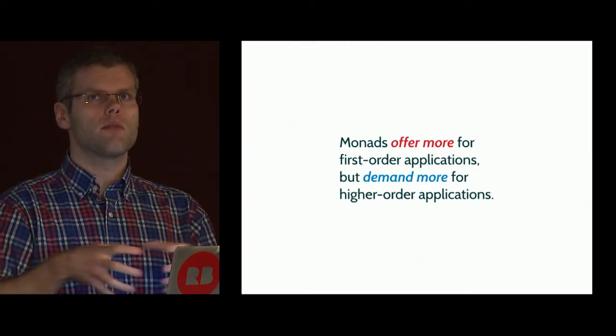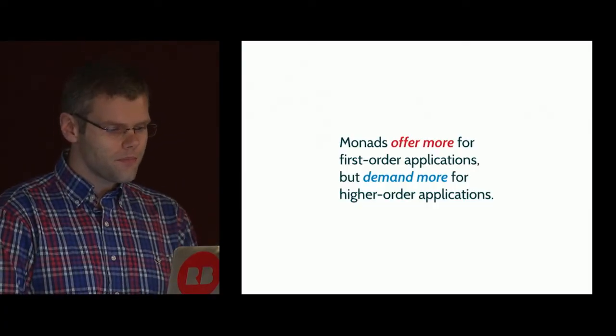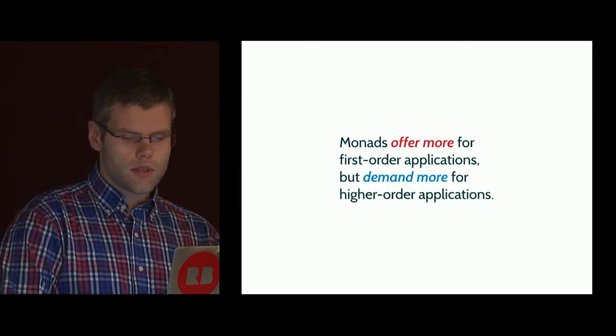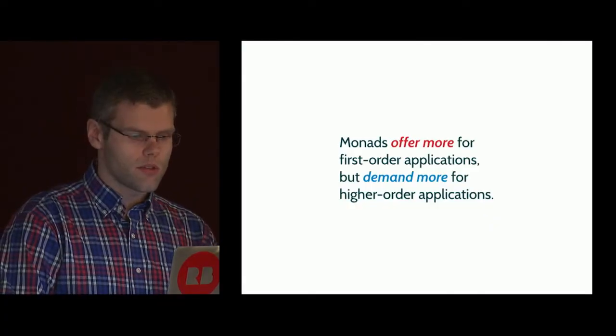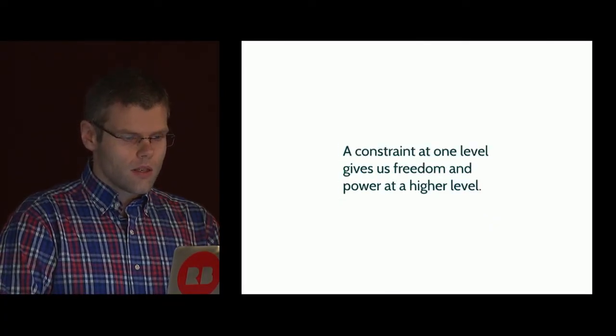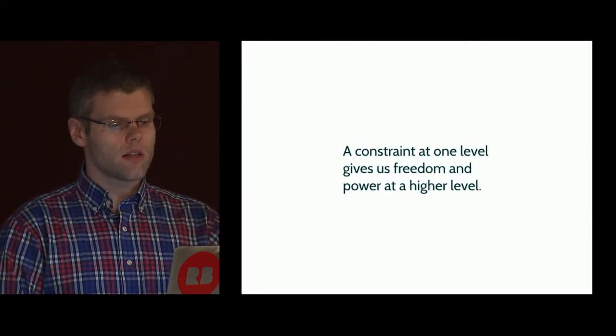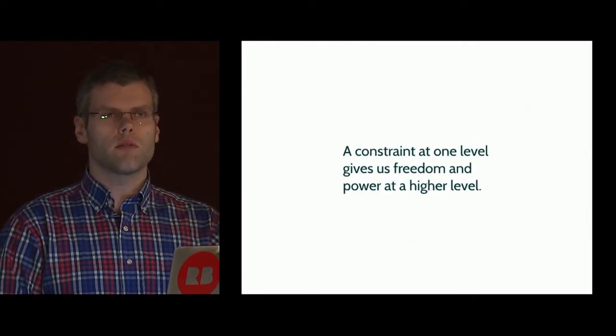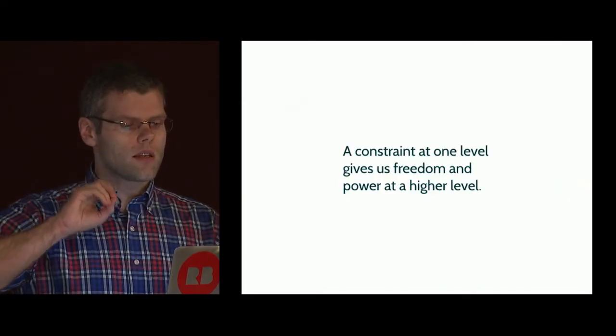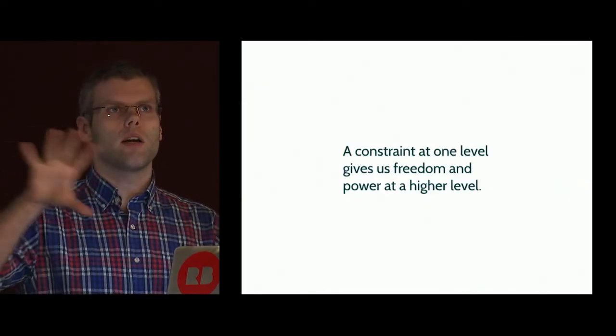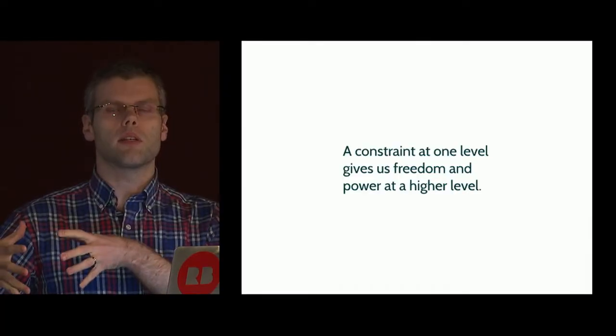It can participate in fewer compositions of things. Yeah? So it can participate in fewer systems of solutions, if you will. So again, this is an example where a constraint at one level, we constrain ourselves to applicative functors, and this creates a freedom or power at a higher level, at the level of composing systems.